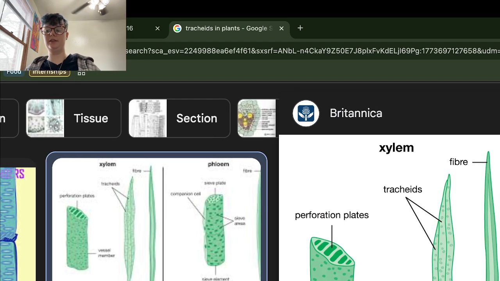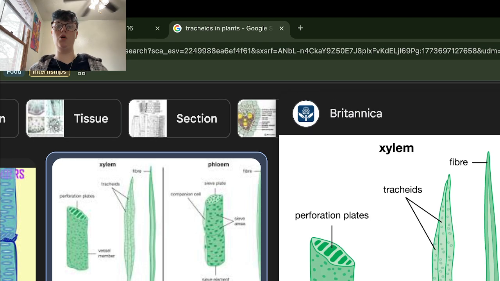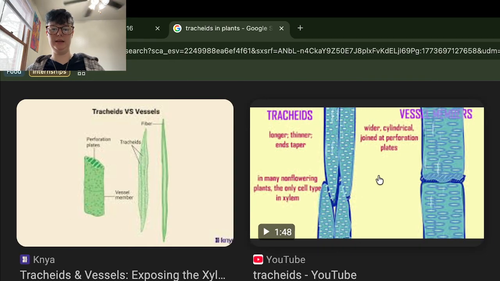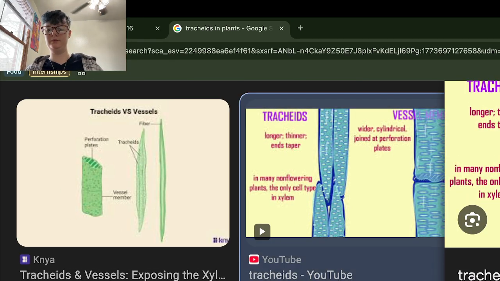So this is definitely a good one because this is the tracheid, and it's just this little thing that helps carry the water and minerals. And then this is a vessel member. Normally, tracheids are longer and thinner.